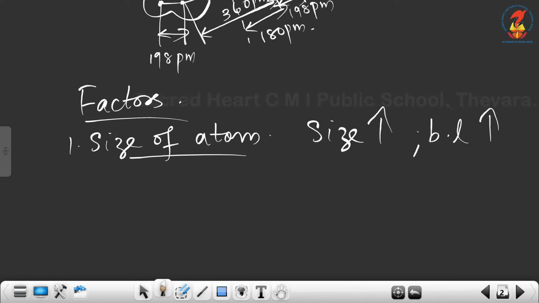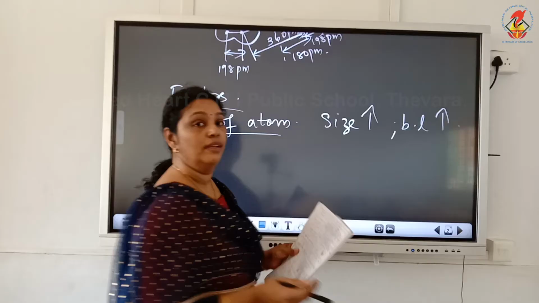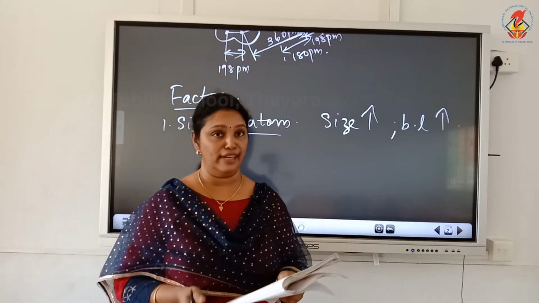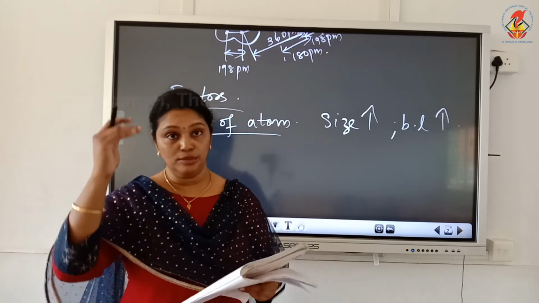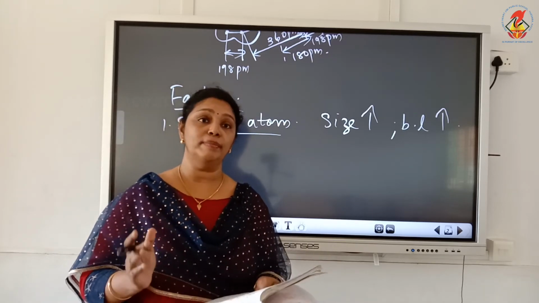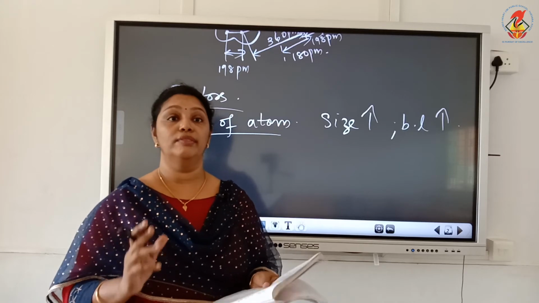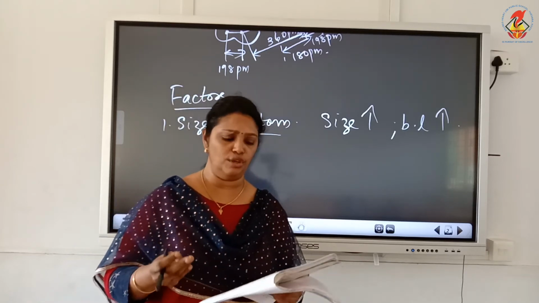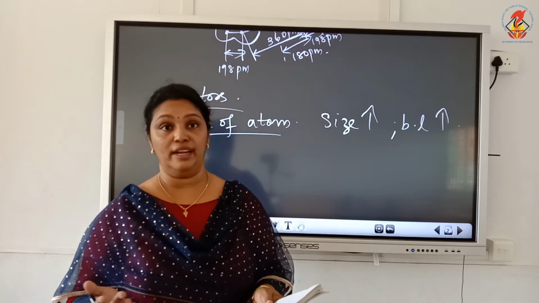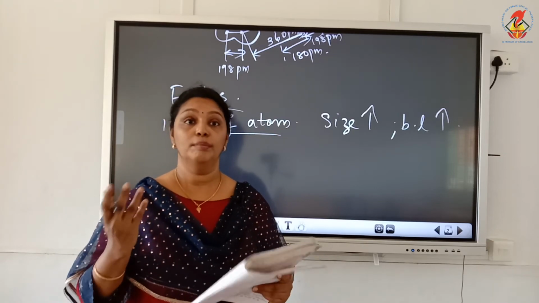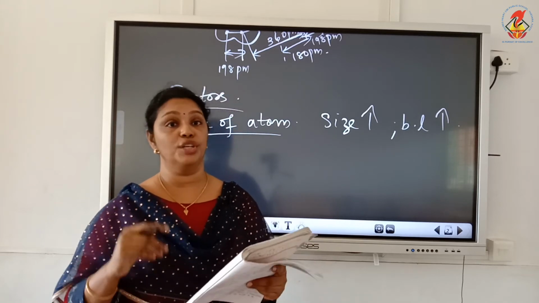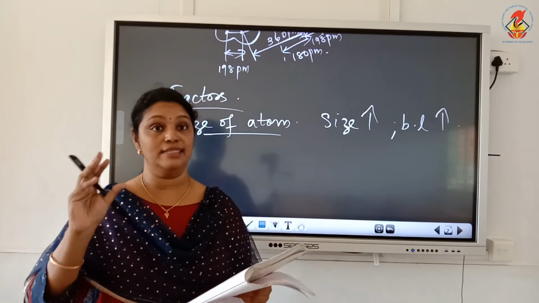Take the halogens: fluorine, chlorine, bromine, iodine and astatine. As you move down the group, the size of the atom increases. When you consider the hydrides, hydrogen fluoride, hydrogen chloride, hydrogen bromide and hydrogen iodide, the largest bond length will be in hydrogen iodide, because iodine has the largest size.